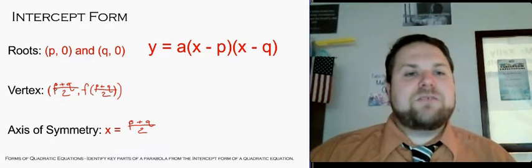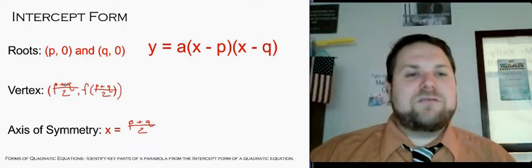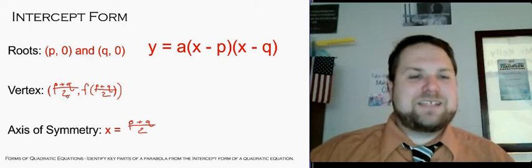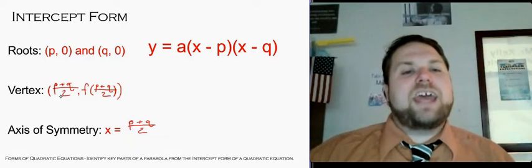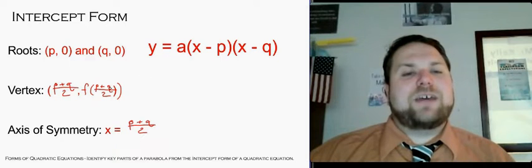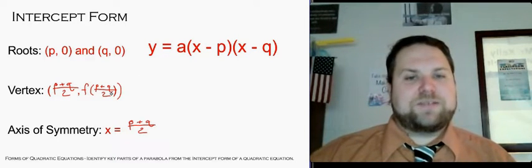So if we take the average of p and q, that tells us the halfway point between them, and so tells us our vertex. Once I have my x-coordinate, just like with standard form, I can substitute that back into my equation to find the y-coordinate of the vertex.